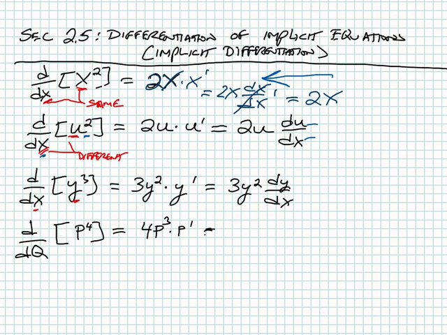And so in this chapter, I want to write this as 4p cubed times p prime, which is dp dq. So if I look back over here, here's the p and here's your q. And so you take the derivative of what's inside, like you normally would, but then you've got to multiply it by dp dq. Let's do one more.